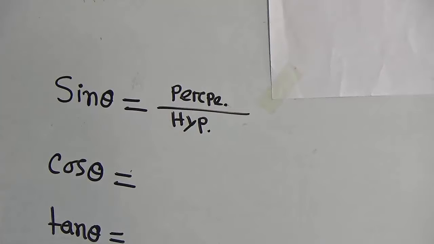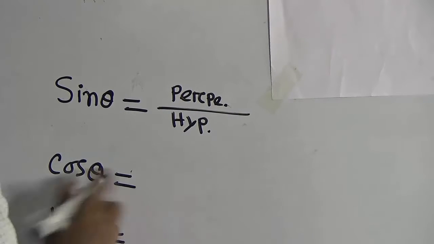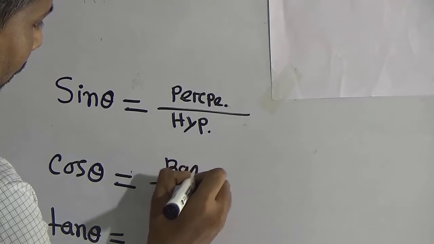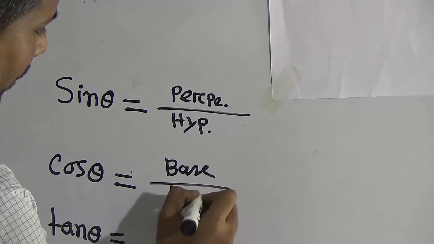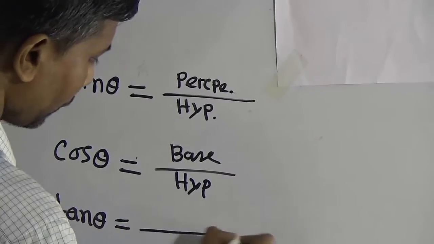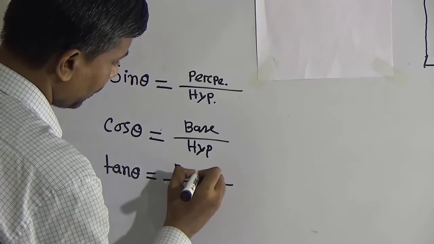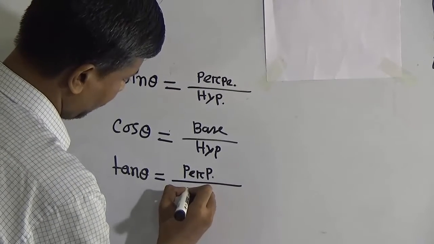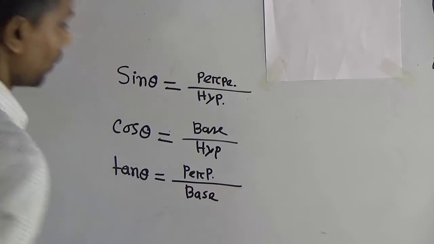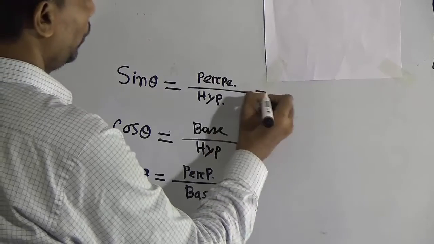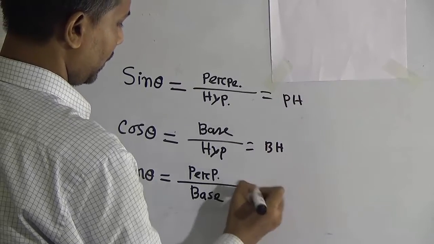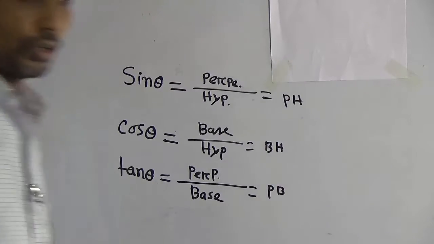Cos theta: base by hypotenuse. Tan theta: perpendicular by base. I have written the short form. Look, this can be written in short form as PAS, BAS, then PB.